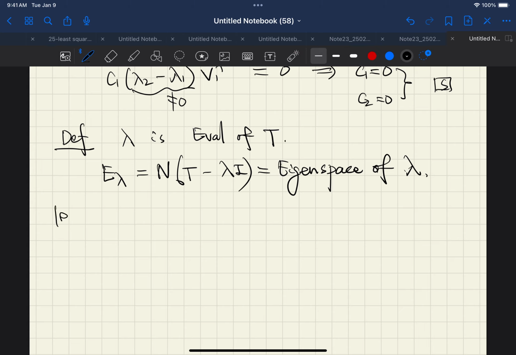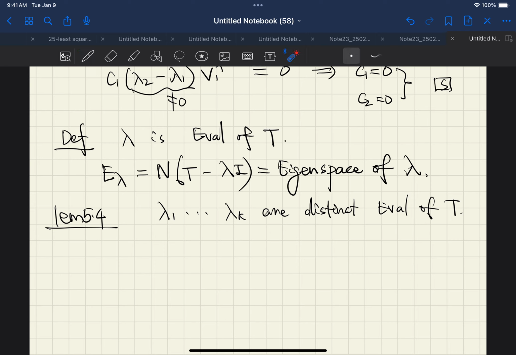Now if we generalize the previous example, it can be written like this. You have distinct eigenvalues lambda 1 through lambda k of T, and you take independent vectors from each eigenspace corresponding to lambda 1 through lambda k.